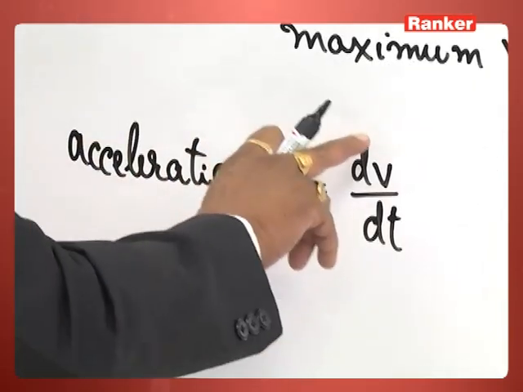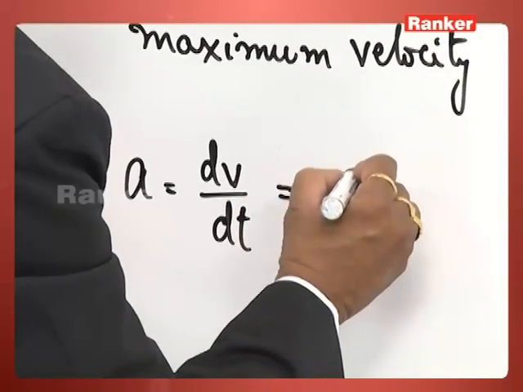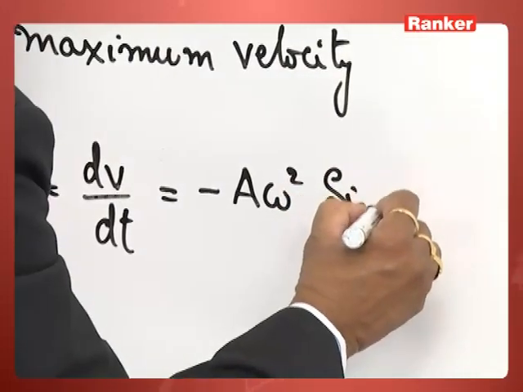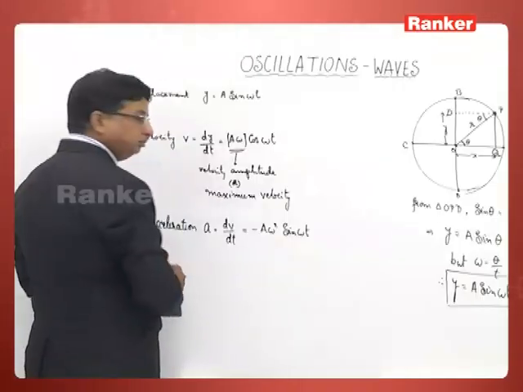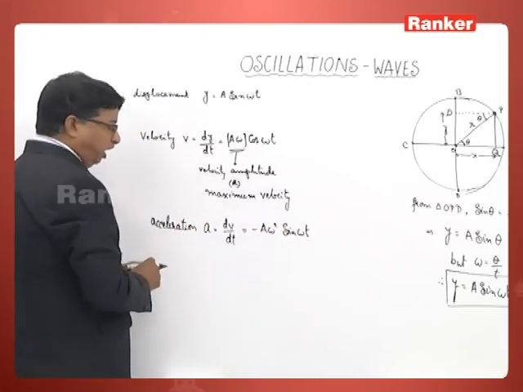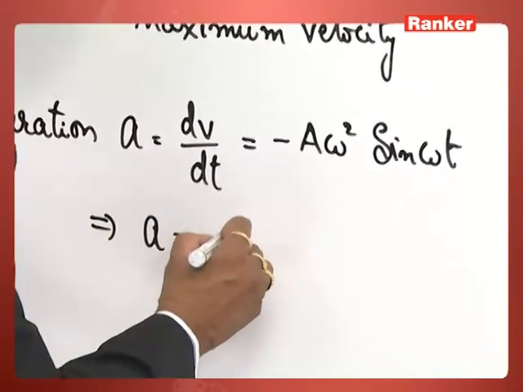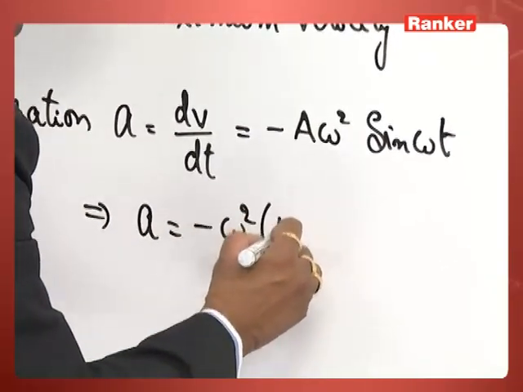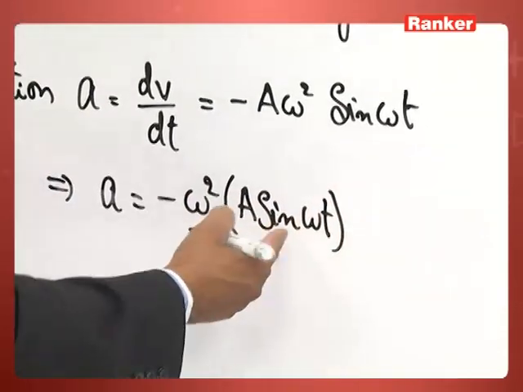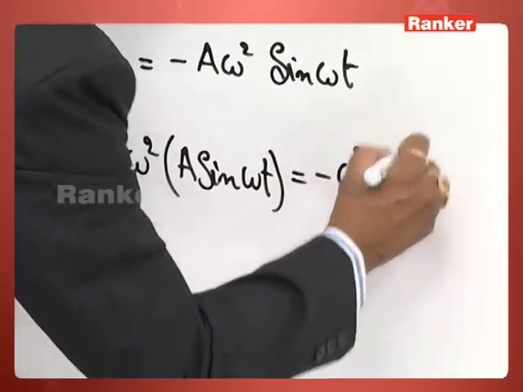So, when we take a as dv by dt, what is its equation now? Minus a omega square sin omega t. This can even be rewritten this way: a is equal to minus omega square into a sin omega t, which is to be called the displacement. Therefore, minus omega square y I can write.